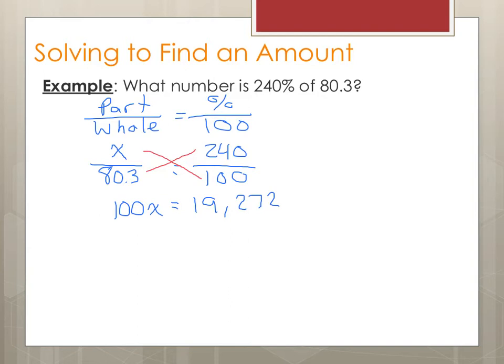Okay? Then we'll divide both sides by 100 to isolate the x. This will cancel and we're left with just x. And then we divide this side by 100. Dividing by 100 we know is really easy. We just move the decimal in twice. So our final answer is going to be 192.72.